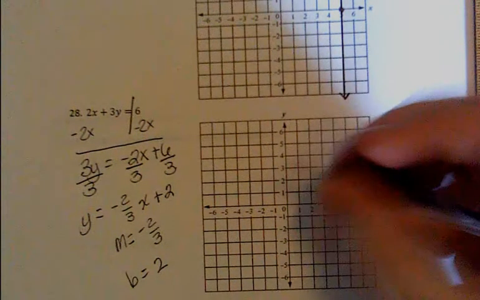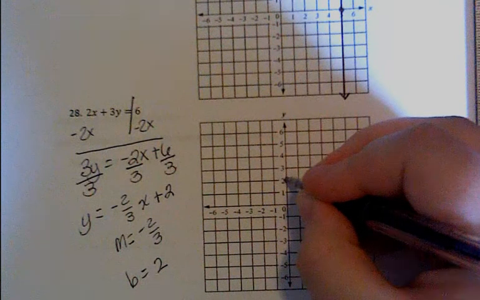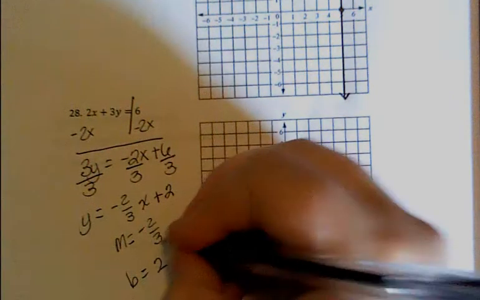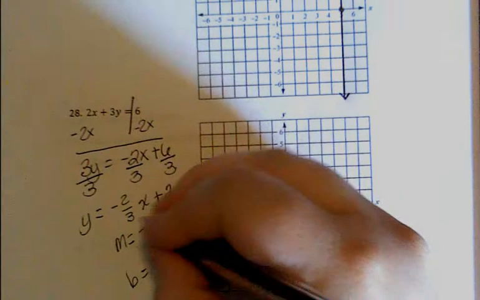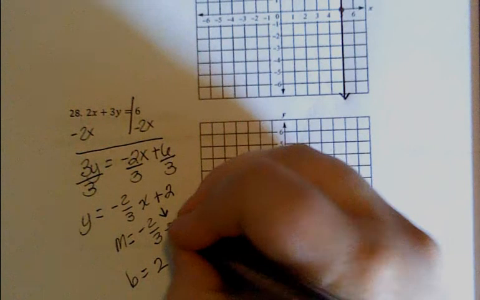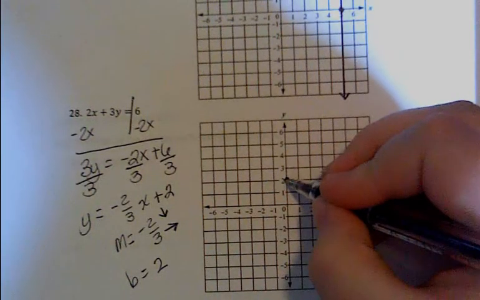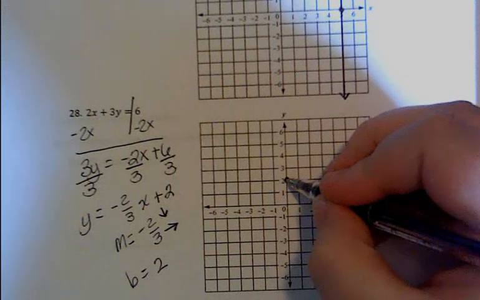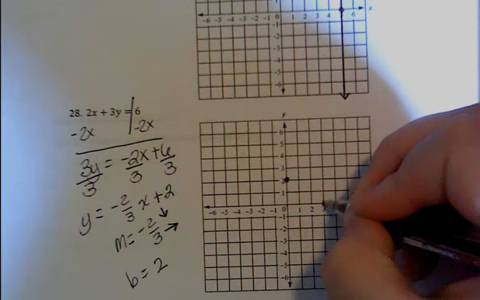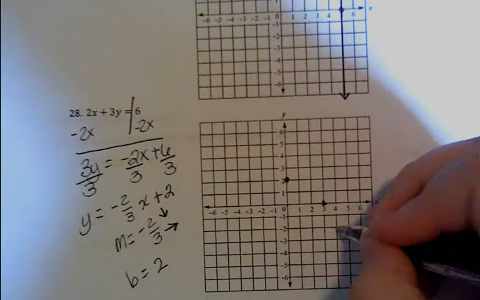So I start at my origin, and I'm going to go up 2. Then I do my rise over run 2 times. So if I rise in a negative direction, that means I'm going to go down. If I run in a positive direction, that means I'm going to go to the right. So we start at my y-intercept, go down 2, to the right 3, and then I would go down 2, to the right 3.